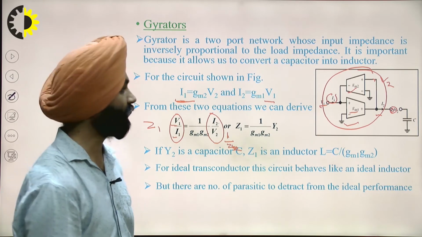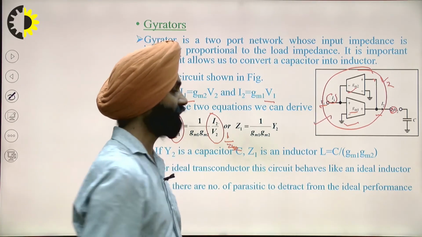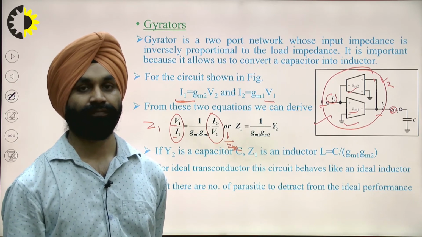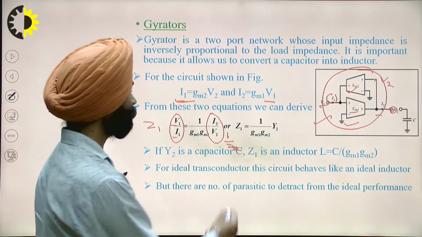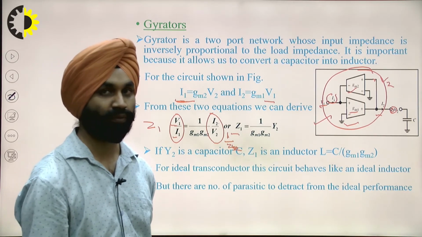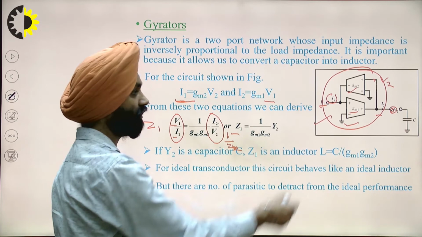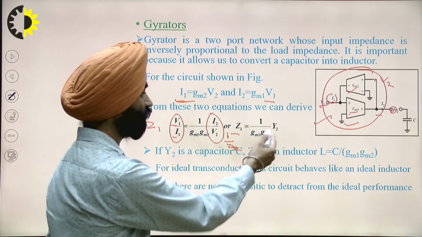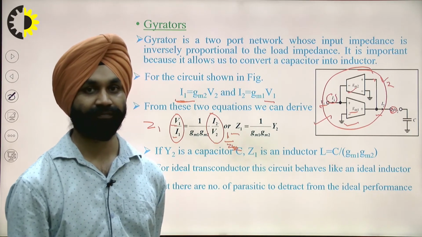So this circuit can act as a gyrator. So I can say Z1 is equal to 1 by GM1 GM2, the transconductances of the two transconductance amplifiers, times the load admittance Y2.